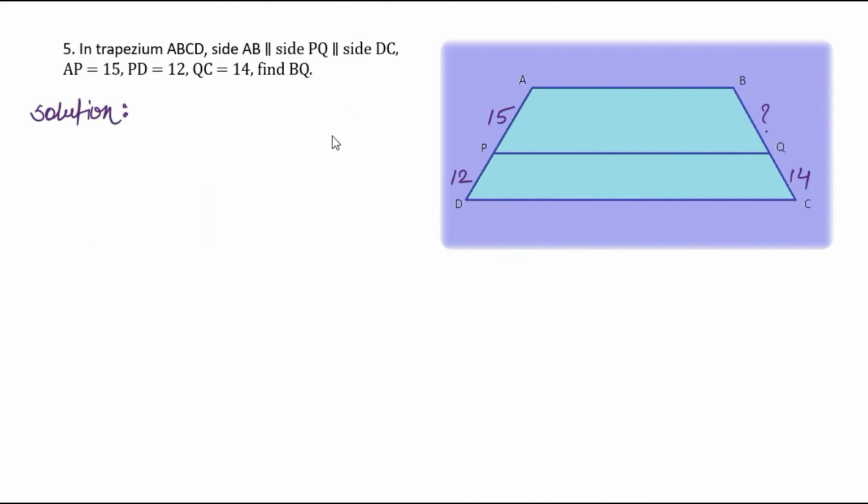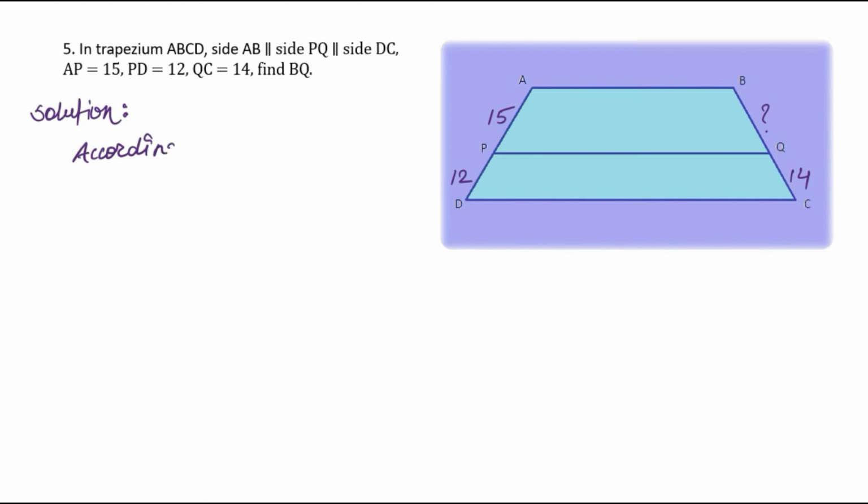We already learned such things in the theorem called the property of parallel lines and their transversal. It's the same thing we are using here, and according to this property, we are going to find BQ. So let's find it.